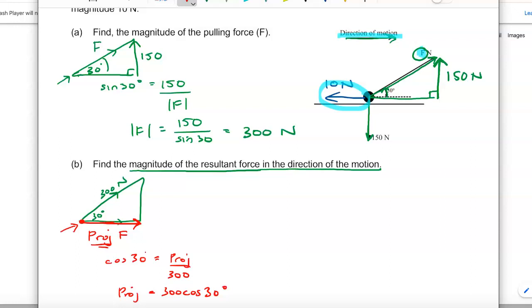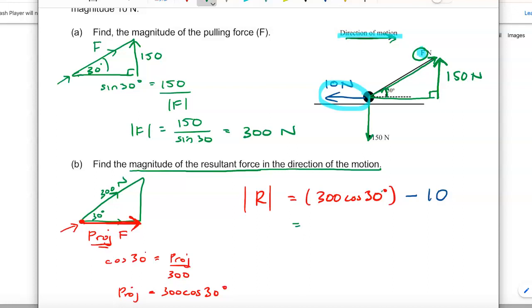It's pulling it in this direction. So the result of the force pulling it in that direction is 300 cos of 30 degrees. However, we're going to have to take away that 10 newtons, that's the opposing force. So this results in 300 times the cos of 30, subtract 10.